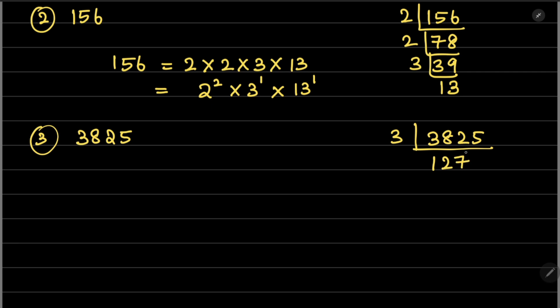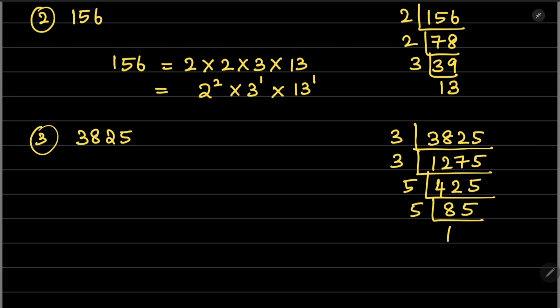So 3 sevens are 21. Again 5. Then again, let's try with 3. 3 fours are 12, 3 twos are 6, and then 3 fives are 15. So I'll try with 5, because it ends with 5. 5 eights are 40, 5 fives are 25. Again with 5, 5 ones are 5, 5 sevens are 35.